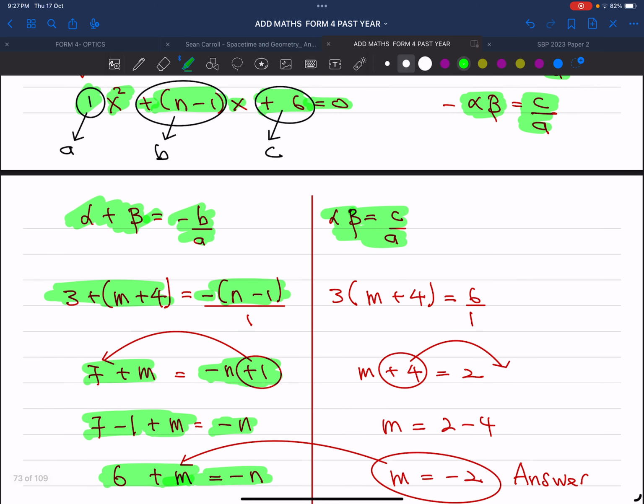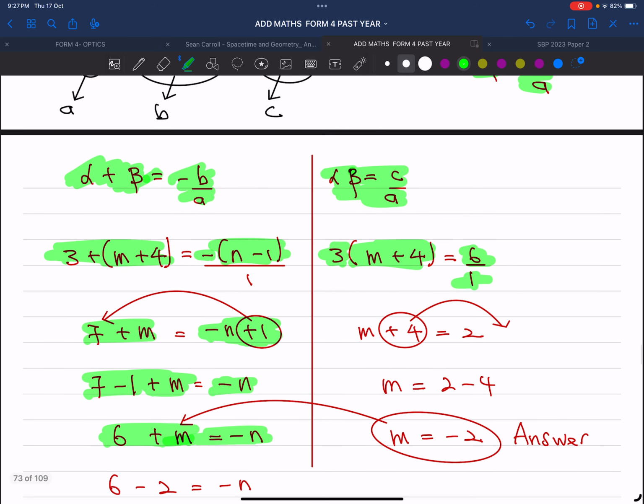On the left hand side we get 3 times (m plus 4), and 6 over 1 is 6. The 3 I transfer, so 6 divided by 3 is 2. Now the plus 4 I transfer, it becomes negative 4, so m is 2 minus 4, m is negative 2. We got one answer.